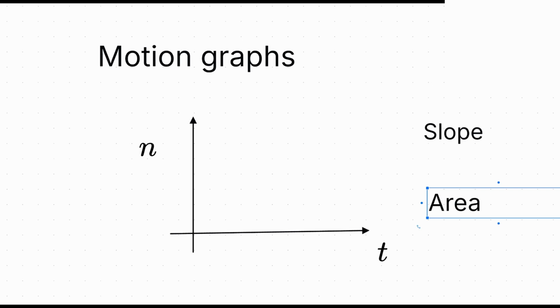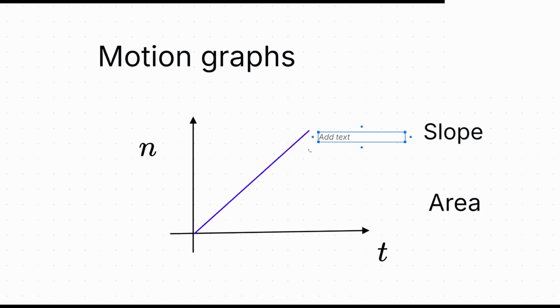In particular, if we have this type of graph, what can you say? This is a line, which means it has a constant slope. And for this one, it is a constant positive slope because it is increasing. We have an increasing trend, so it's positive, and the steepness doesn't change over time.